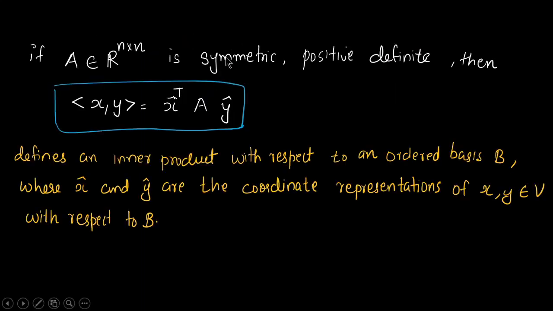And next, if A belongs to R n by n is a symmetric positive definite matrix, then an inner product can be defined like this: inner product of x, y is equal to x transpose A y. Okay, so this is another inner product function. It defines an inner product with respect to an ordered basis B, where x cap and y cap are the coordinate representations of x, y belonging to V with respect to the basis B. So here we are defining another inner product other than the dot product.